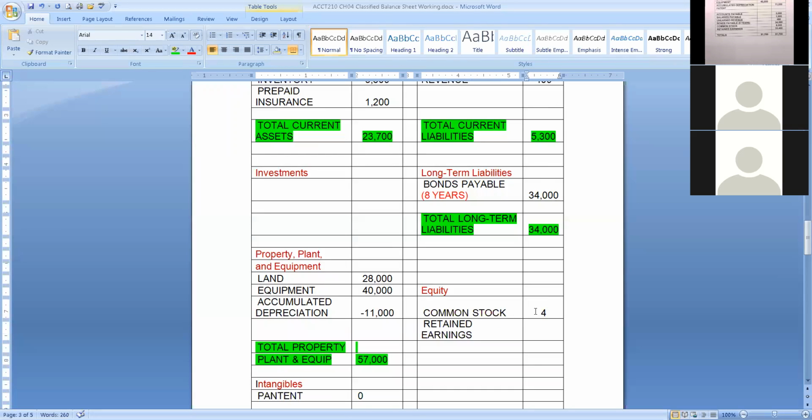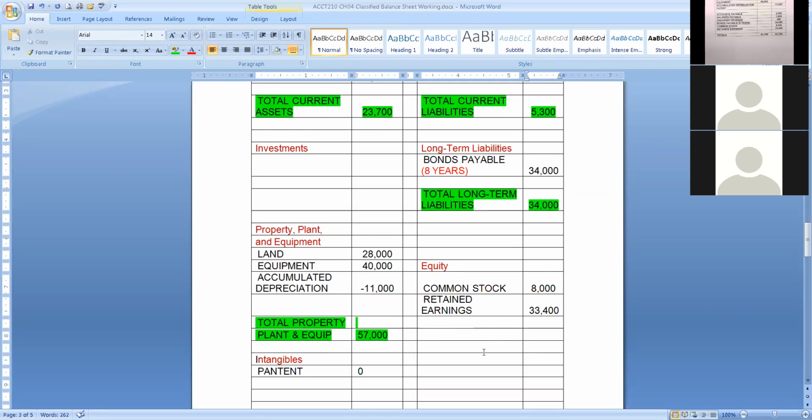Common stock was 8,000. Retained earnings, $3,400.